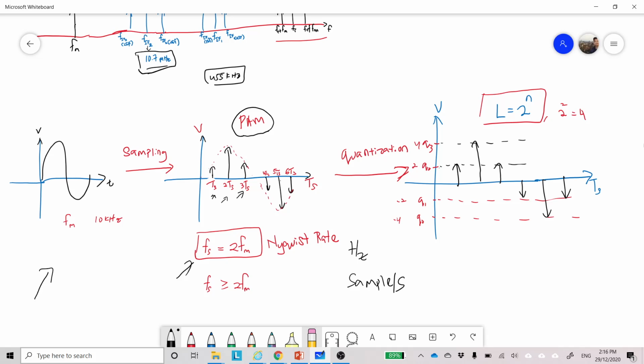Okay, so selesai berkenaan dengan sampling. How we do the sampling process is by multiplying the input signal with another signal in time domain. Okay, kalau kamu lihat dalam nota, ada 3 jenis sampling, iaitu impulse sampling, ada natural sampling dan juga ada flat top sampling.